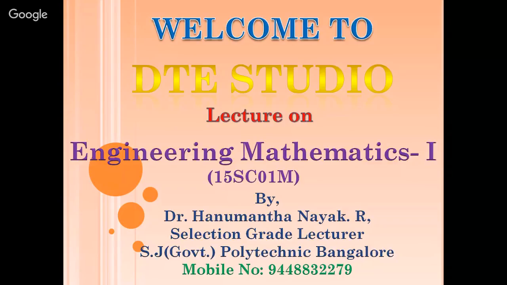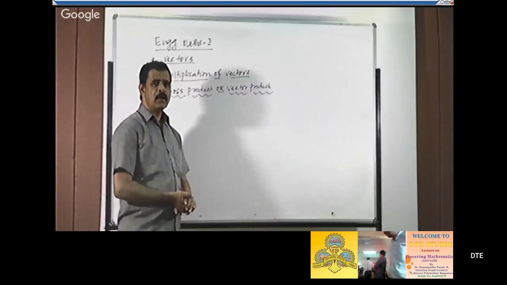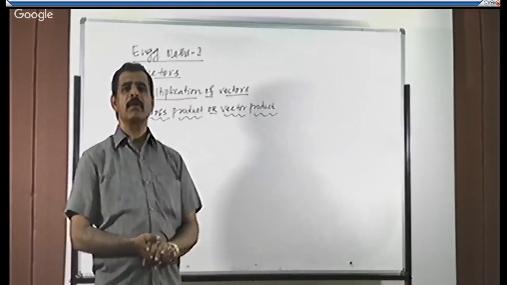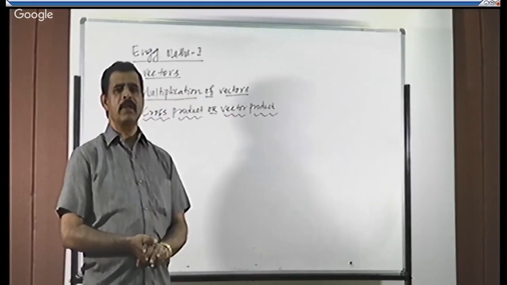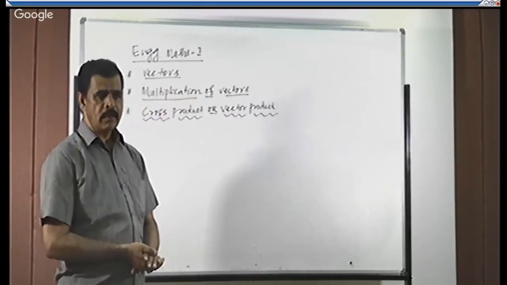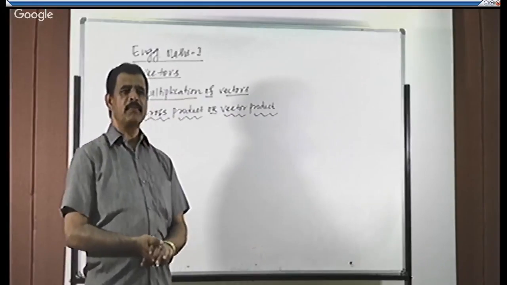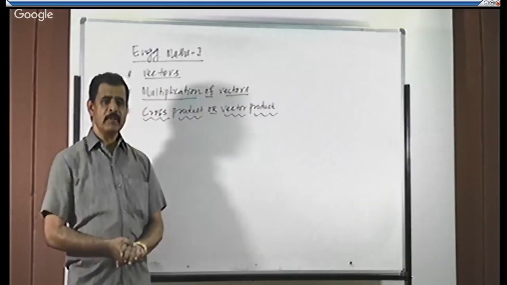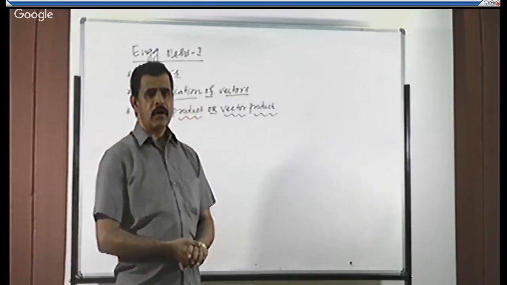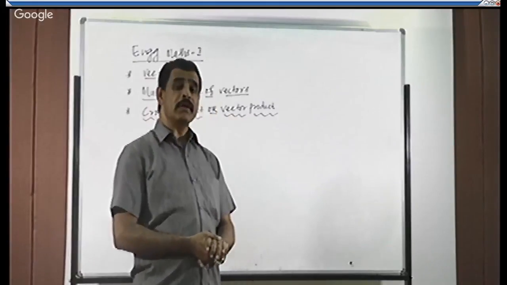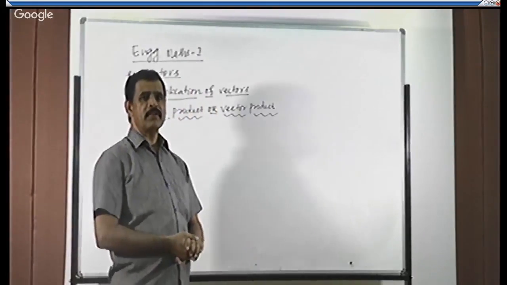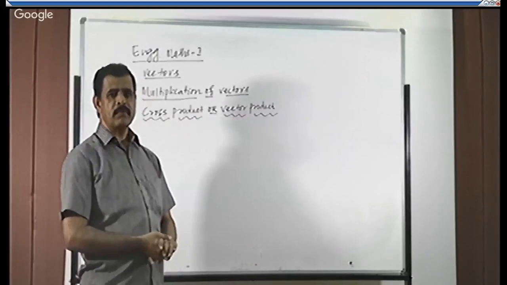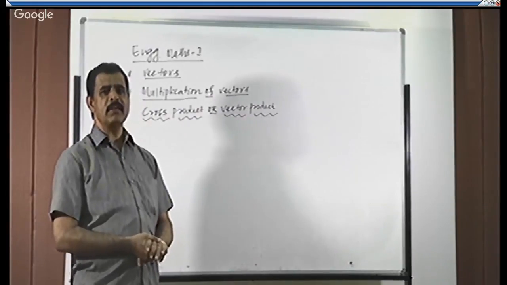In the last class we discussed multiplication of vectors, and we finished the dot product: what the dot product is, how we can use it in finding the cosine of the angle between the vectors, a vector projecting on another vector, and an application of the dot product, that is work done.